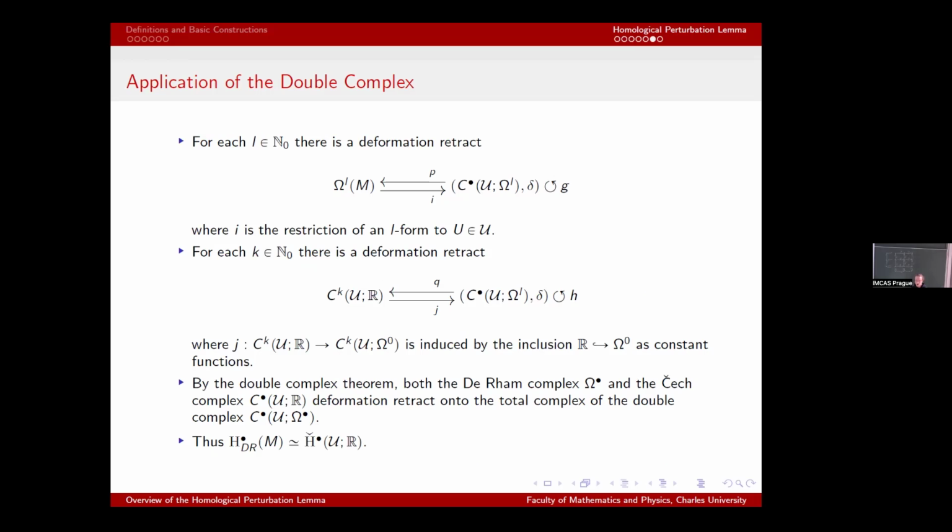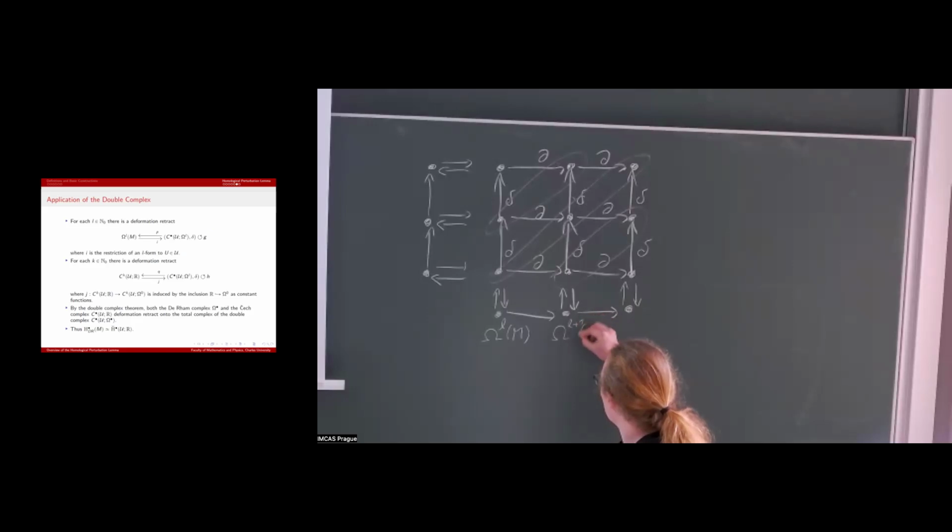And this map I is given just by restricting a given differential l-form to the open subset in our cover U. And then the map P and the homotopy G can be constructed. These would be like omega^l(M), omega^(l+1)(M), and so on.